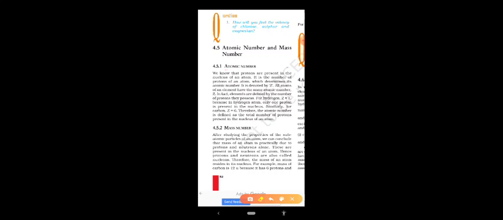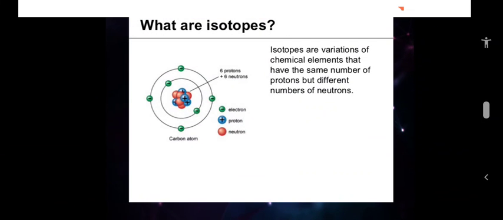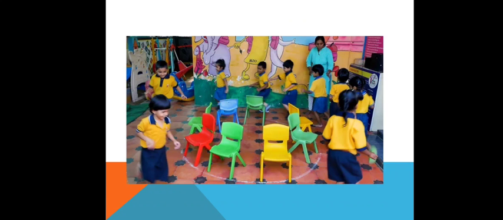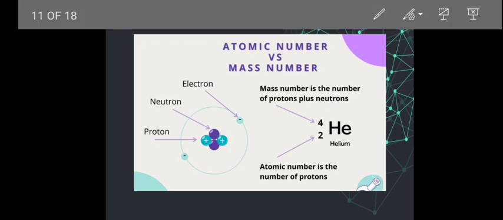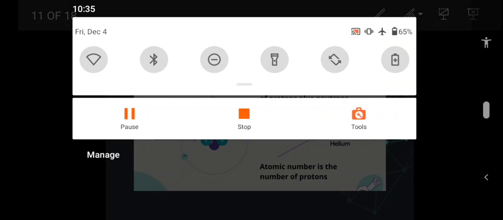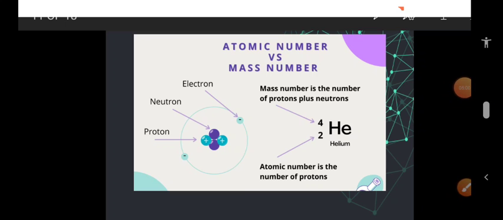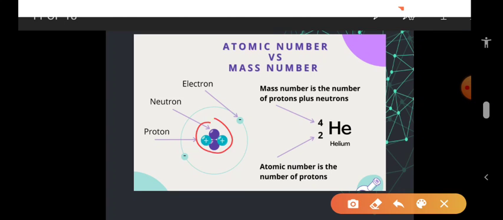Now what is mass number? Already we had seen. Mass number means the total number of protons plus neutrons. See, in the Bohr's atomic model, we have already seen that at the center we have protons and neutrons.